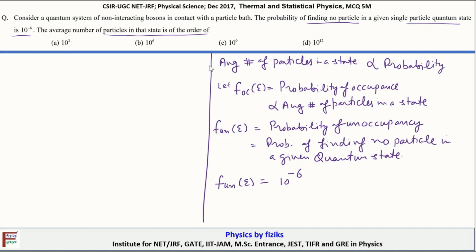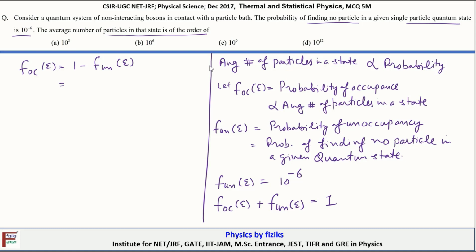Okay, now we will make use of the fact that the sum of these two quantities, that is probability of occupancy and probability of unoccupancy, is equal to unity. One of the terms is given to us, so from here we can find the probability of occupancy, that is equal to 1 minus probability of unoccupancy.